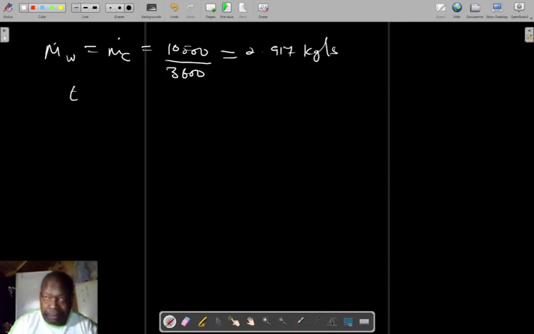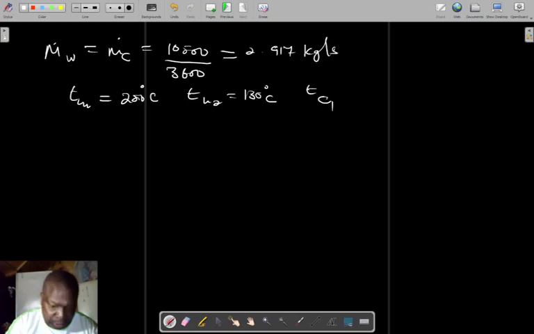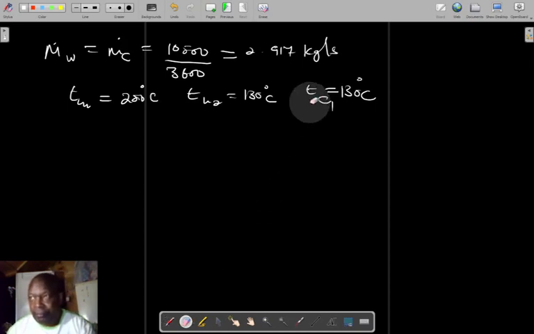Now TH1 is equal to 200 degrees C, TH2 is equal to 130 degrees C, TC1 is equal to 30 degrees C.